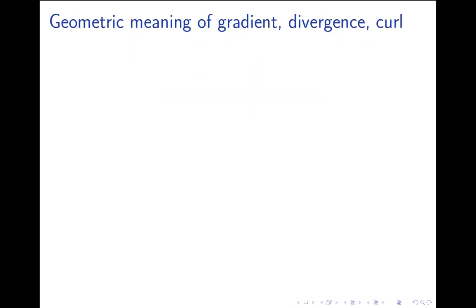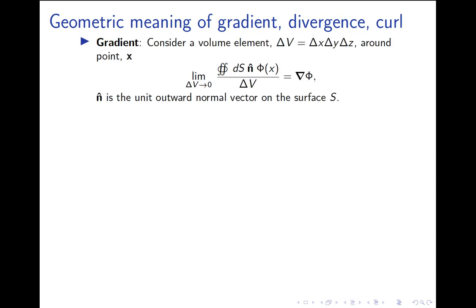Okay, so let's start by reviewing the geometrical meaning of gradient, divergence, and curl. Gradient, remember the way I gave the geometrical interpretation of the gradient is that we consider an infinitesimal cube around this position x.